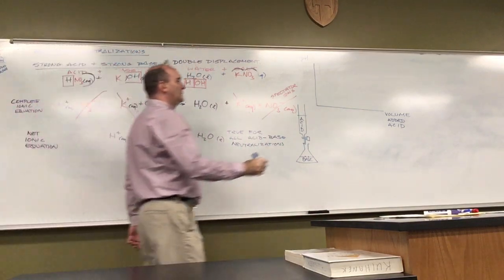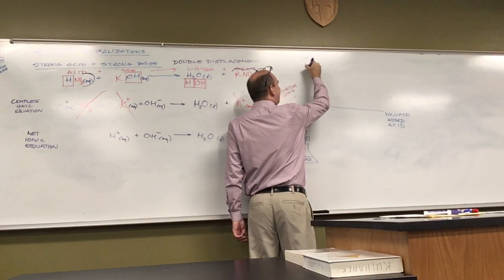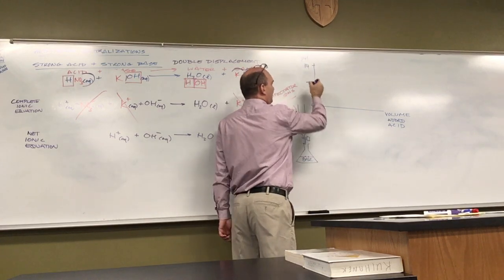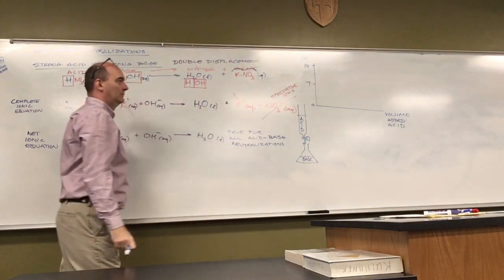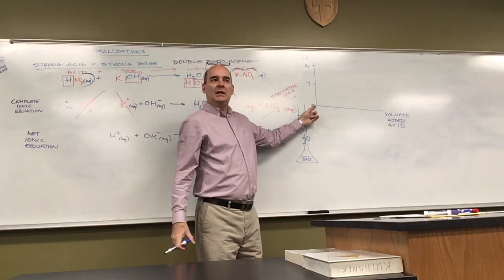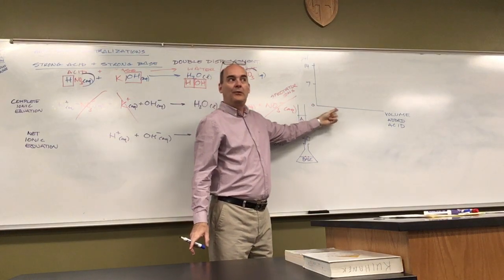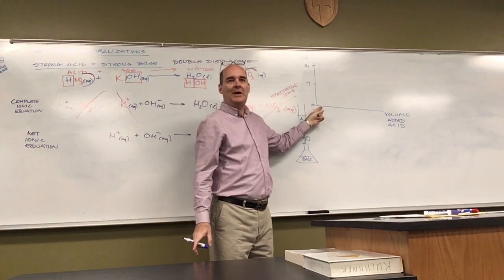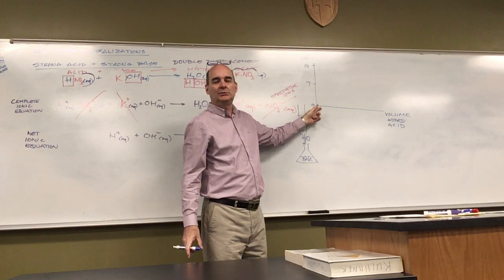A pH scale runs from 0 to 14, 7 being in the middle. What happens right here at the very, very beginning of time before the first drop of acid has been added? What's the pH of my solution?